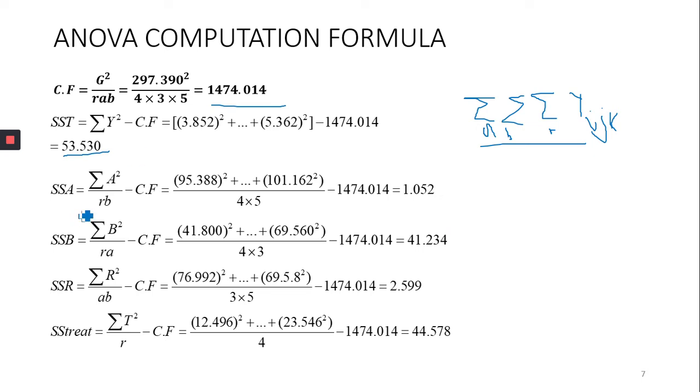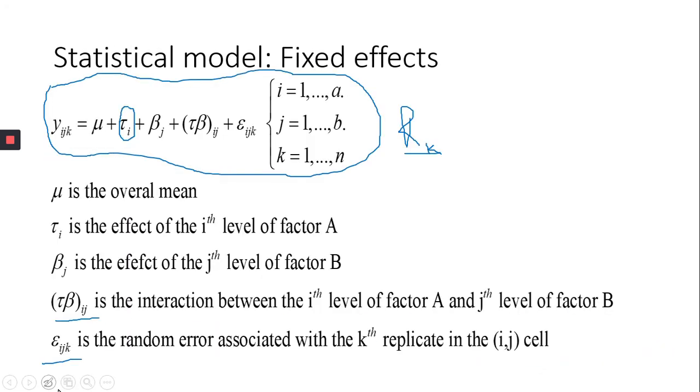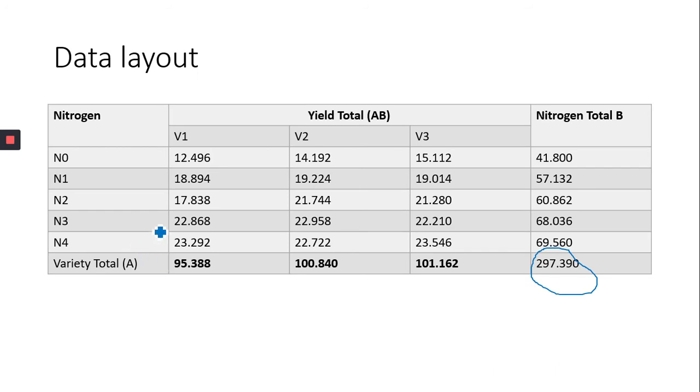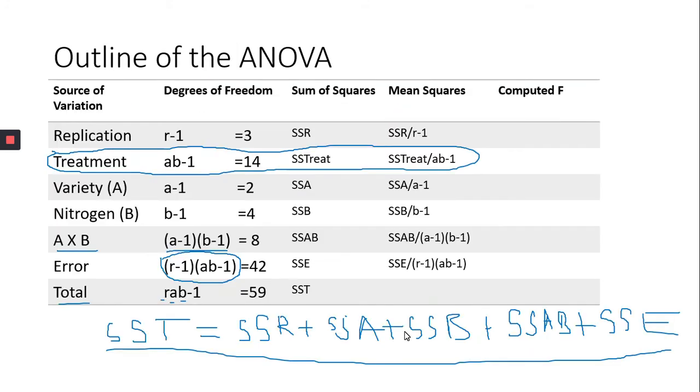Now let's move on to what is SSA. Very easy. We are using this data. For SSA, we are squaring this squared plus this squared plus this squared. And we divide by what? It's important.